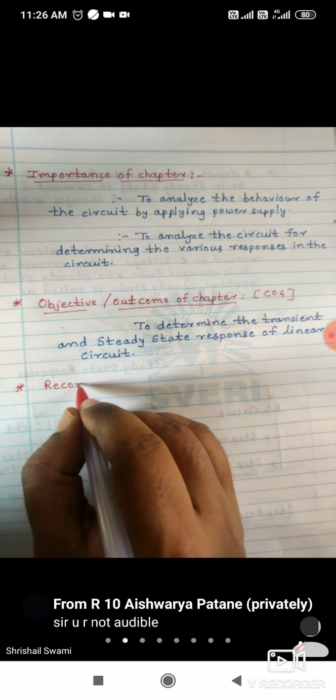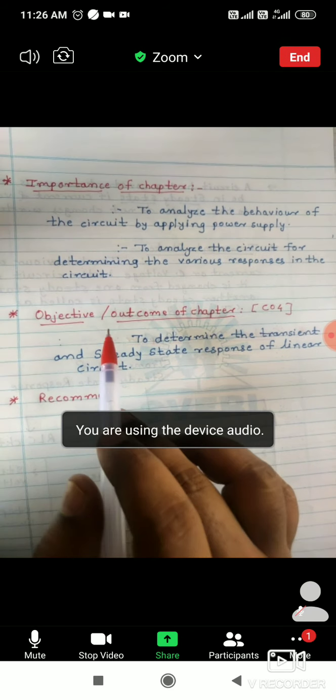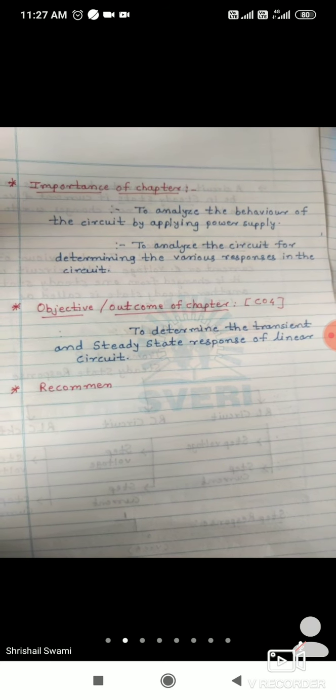Now next, which book can we use for this particular chapter? The outcome of the chapter is to determine the transient and steady state response of linear circuits. Why is it called a linear circuit? Because it consists of RLC. We can determine the transient response as well as the steady state response for the linear circuit.